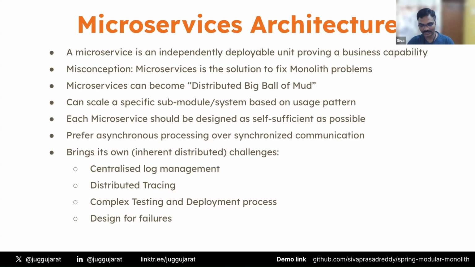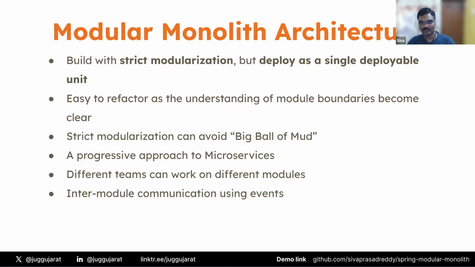That is where modular monoliths come into the picture, where you take the best of both worlds. You take the good parts from the monolithic architecture and take some of the ideologies from the microservices architecture. So when we think back, why did we want to go from monoliths to microservices in the first place? One of the core reasons was that over time it becomes a big ball of mud, because there is no proper mechanism to ensure modularity.